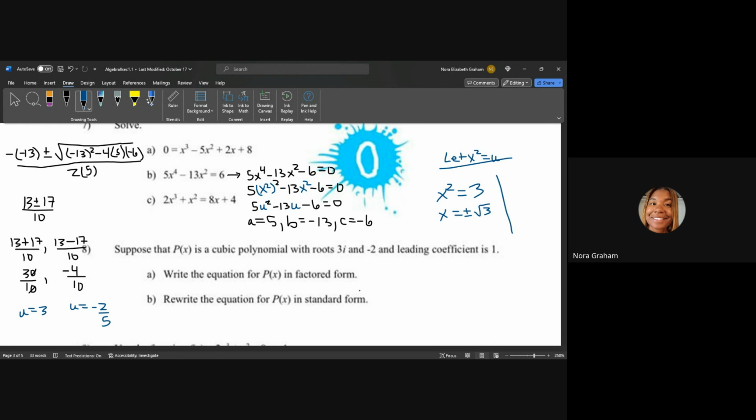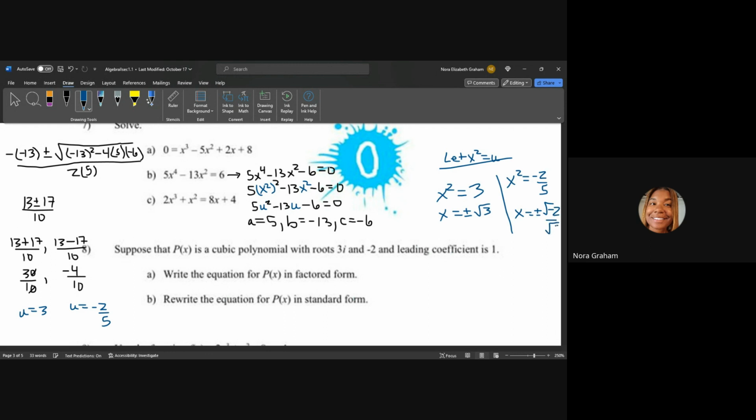I have x squared equals negative 2 over 5. And I have to square root these. So I have x equals plus or minus square root of negative 2 over square root of 5.